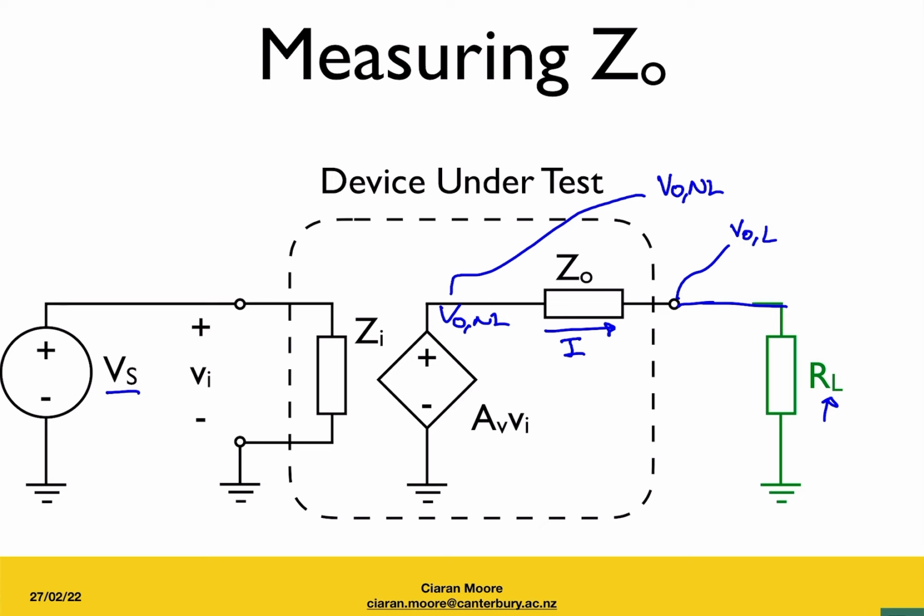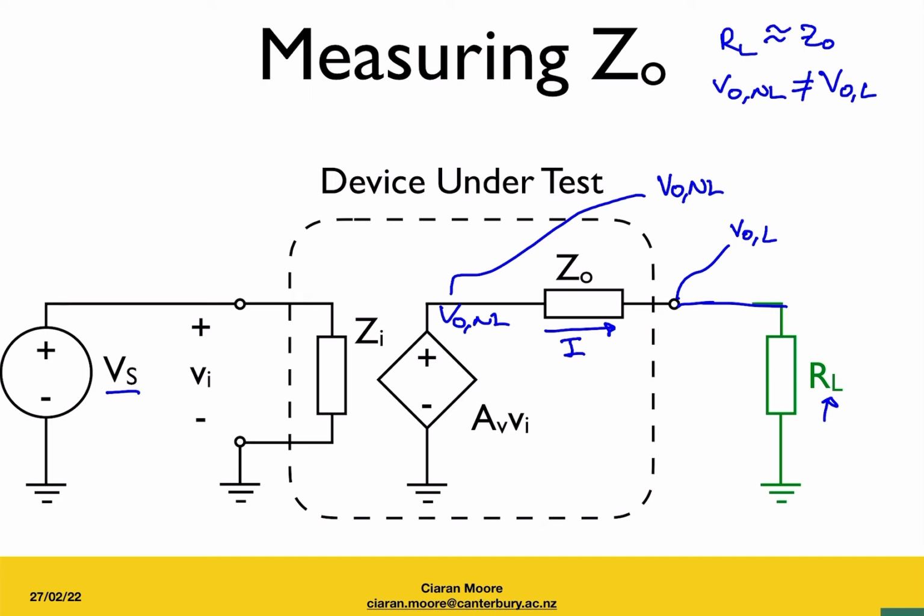And provided we've chosen R L so that it is within the same order of magnitude as what we think Z out might be, then we're going to see quite a difference between the output voltages with and without a load.